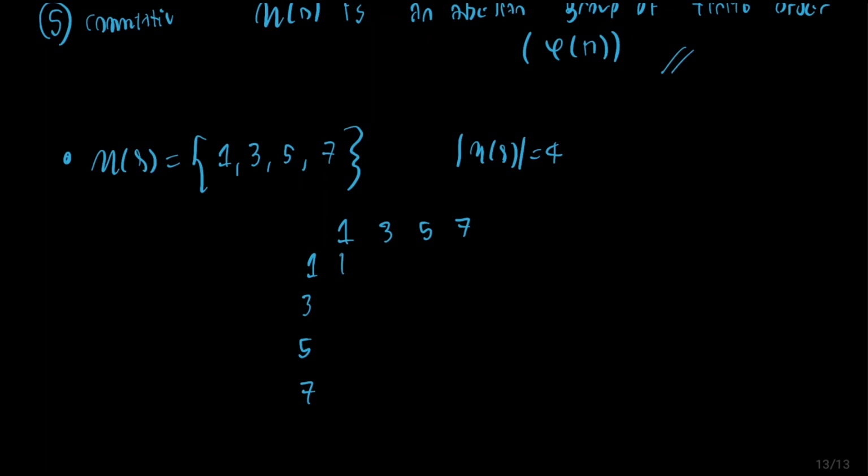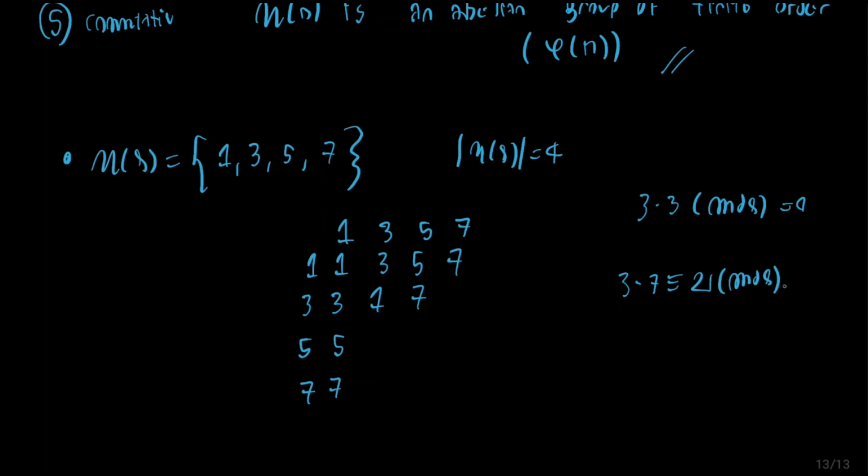Now 1 times 1 will be 1, 1 times 3 will be 3, 1 times 5, of course mod 8, will be 5, and 1 times 7 will be 7 mod 8, and this is the same for this column. Now let's look at 3 times 3. 3 times 3 mod 8 is 1. So 3 is its own inverse. Then 3 times 5 mod 8 is nothing but minus 1. So it is 7. Then we have that 3 times 7 is 21, which is congruent to 5 mod 8.